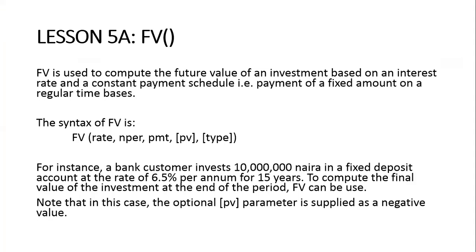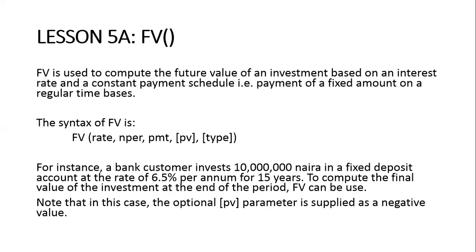FV is used to compute the future value of an investment based on an interest rate and a constant payment schedule, a fixed payment of a fixed amount on a regular basis.